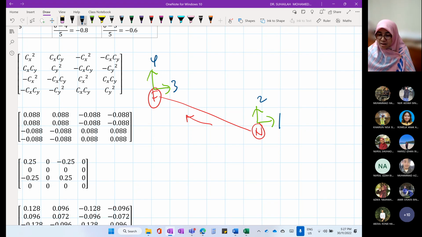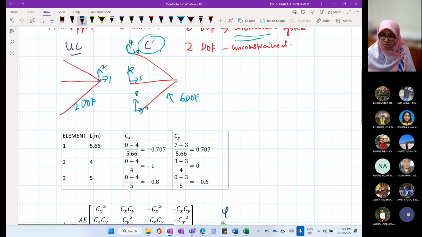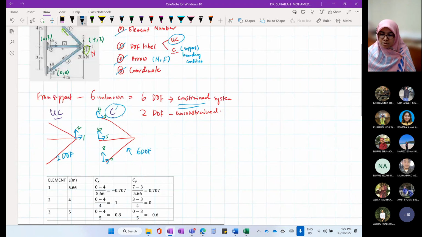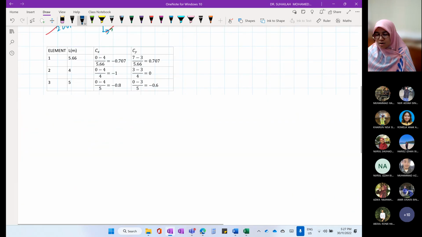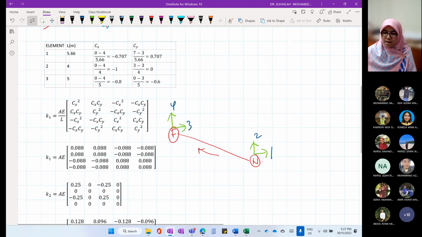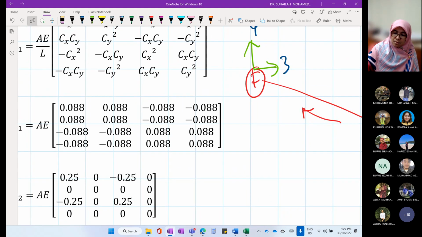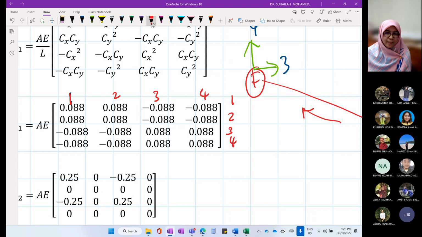Start from near, followed by far. Near has X and Y, so near XY, far XY. So based on the arrow, the degree of freedom for K1 is 1, 2, 3, 4.